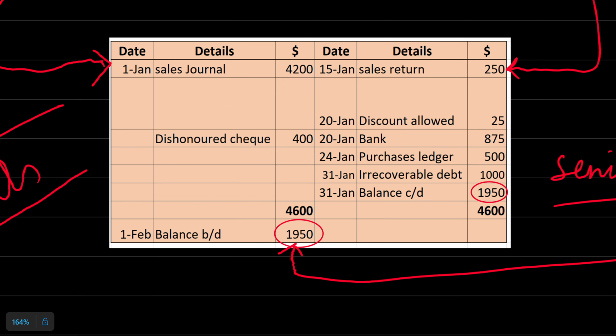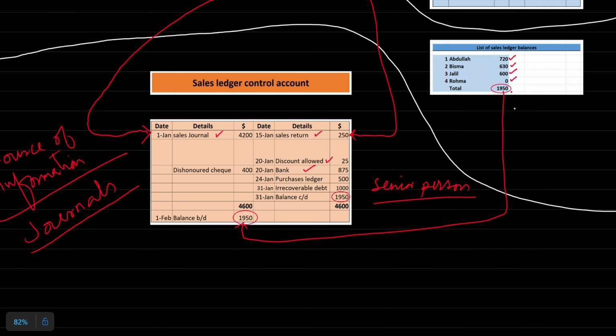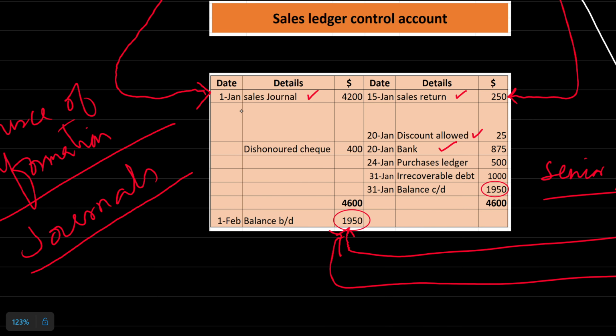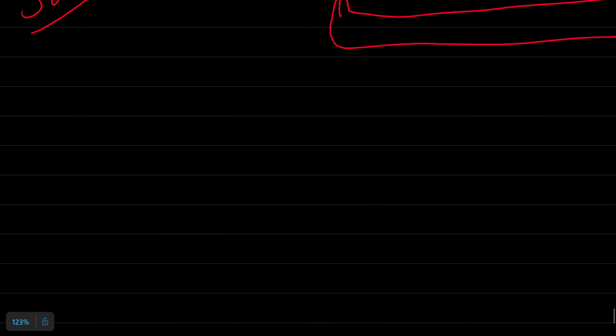Students, in O level you are only given these values and required to prepare a control account, but in A levels you might be asked to reconcile sales ledger balances with the sales ledger control account. In O levels, number one, you are asked to prepare control accounts. Number two, you are asked to give advantages or uses of preparing a control account.